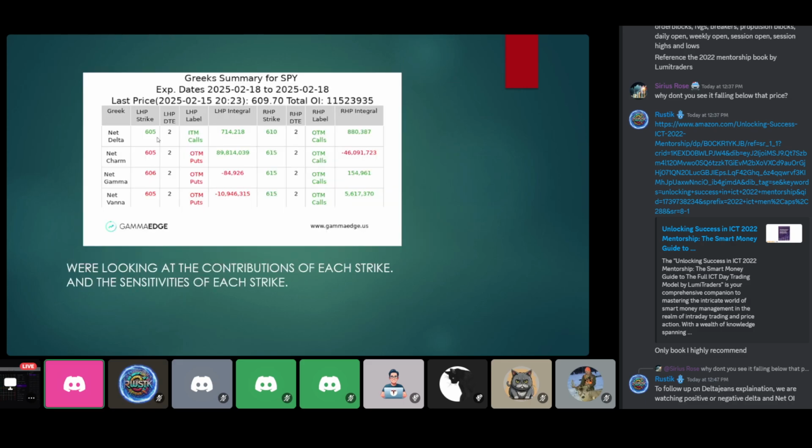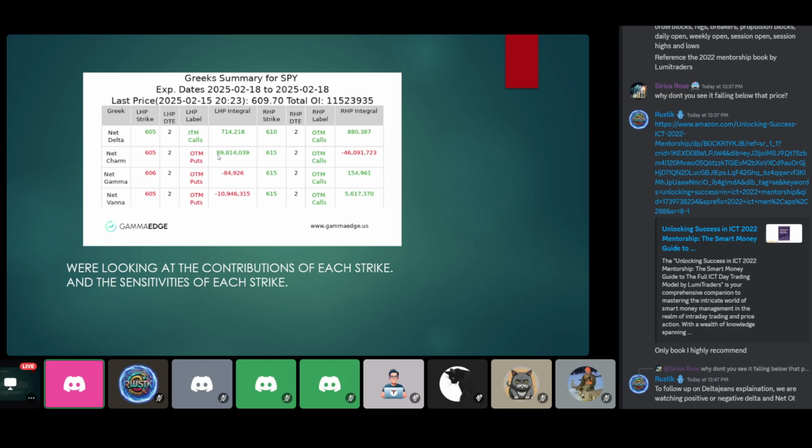So this is an example. What I'm looking at here is the contributions of each strike. I see in the left-hand plane, 605, we have a significant amount of in-the-money calls that are not exposed to charm. But we have 605 on the charm level with out-of-the-money puts. Obviously, if price is at 609, this is the price itself. We're trying to figure out where price is at, what's below us, what's above us. 605 has a significant amount of out-of-the-money puts, and those puts have decayed so much that there's a significant amount of positive delta below us, right?